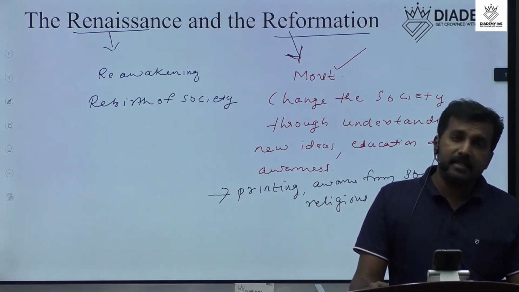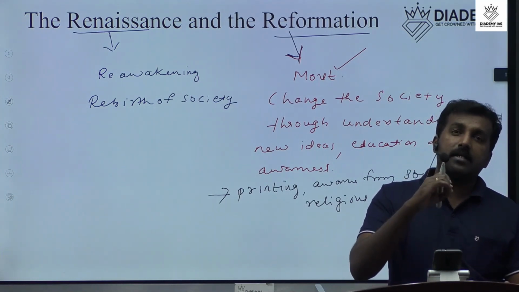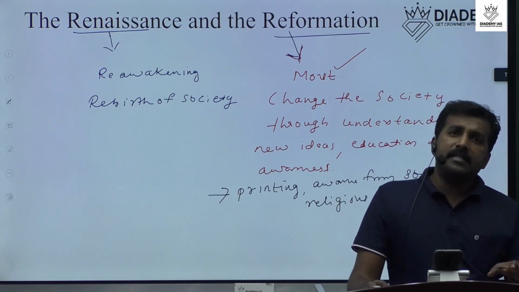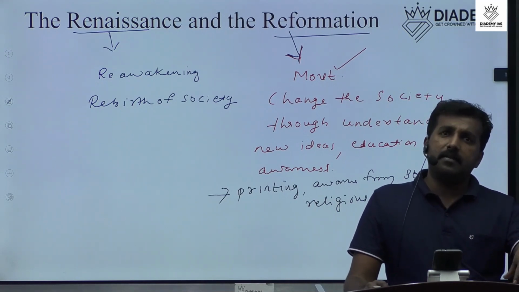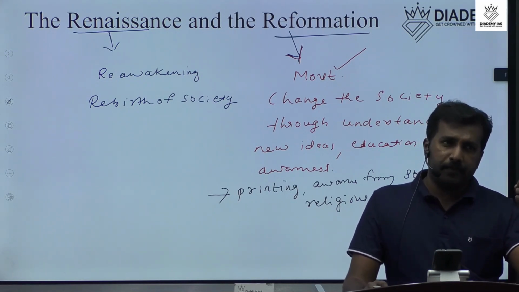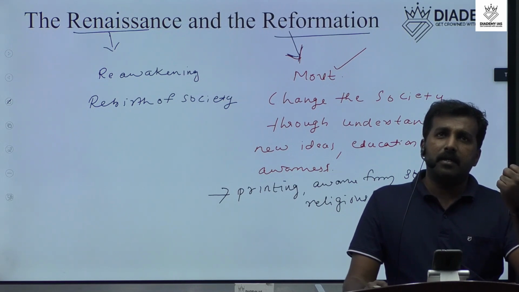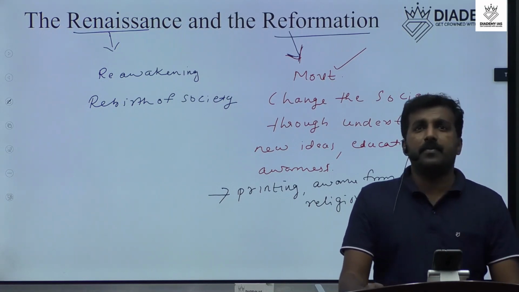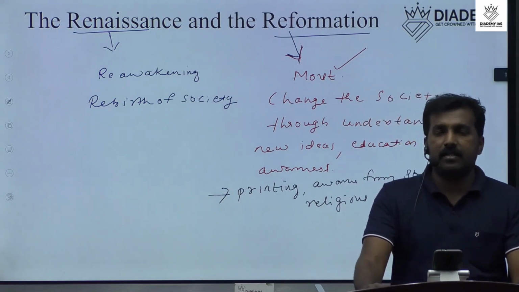Okay, Renaissance means reawakening or rediscovery of society. Actually, this is a movement that happened in England to acquire freedom of thought and freedom of action, without partiality or discrimination based on religion.